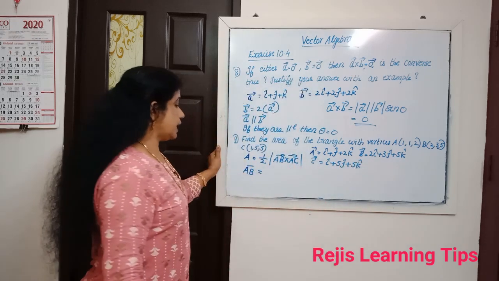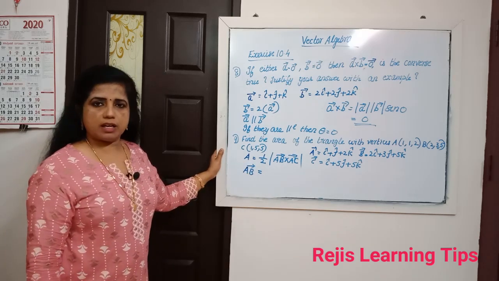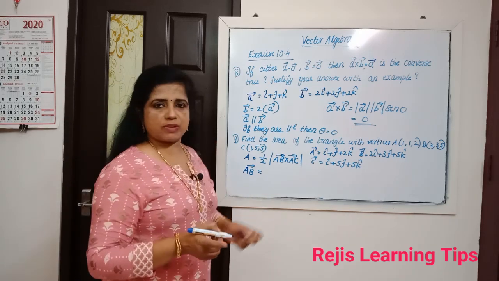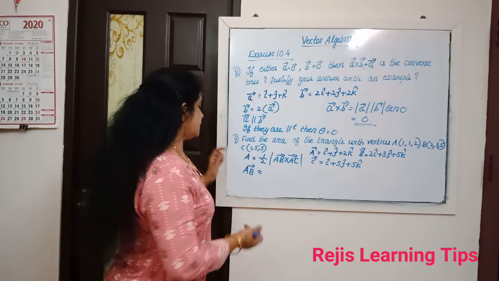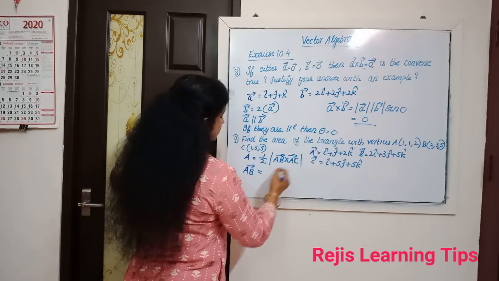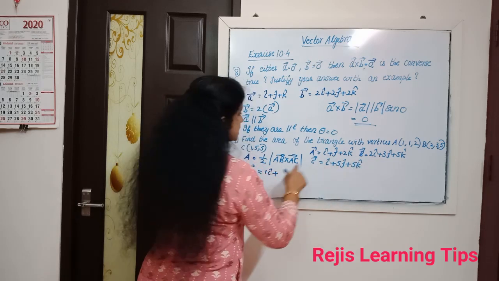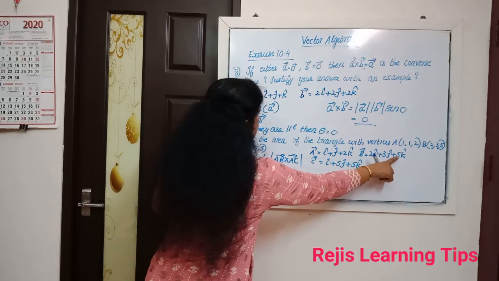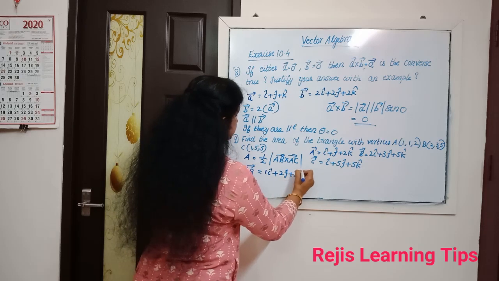Next we should find vector AB. How can we find vector AB? Correct: x2 minus x1 into i cap plus y2 minus y1 into j cap plus z2 minus z1 into k cap. Then vector AB is equal to 2 minus 1, that means 1 i cap, plus 3 minus 1, that is 2j cap, then 5 minus 2, that means 3k cap.